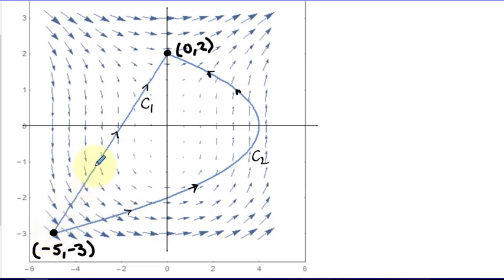So overall, there is negative work done by this force that's illustrated by all these little vectors in this vector field. That force is doing negative work on this particle as it travels along this path.